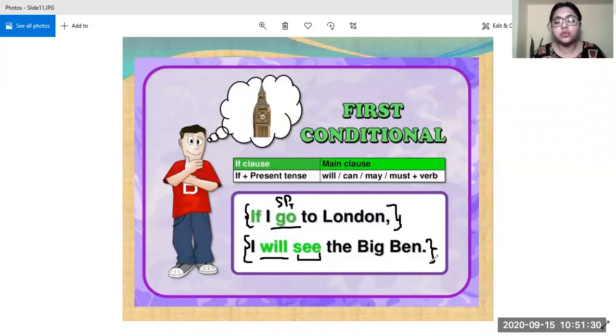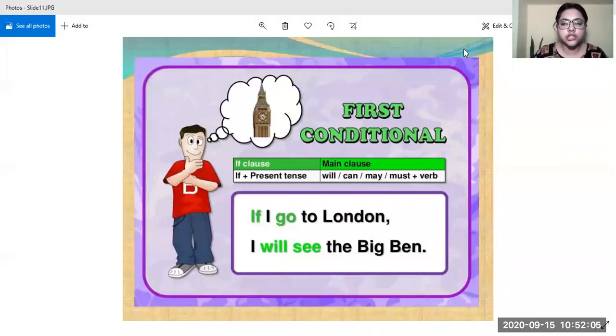So what are the two conditions which we should look for in a first conditional sentence? The if clause should be in the simple present, and then in the main clause we should have a modal, which is followed by a verb. This is also the difference between the zero conditional and the first conditional. The if clause remains the same for both of them, while the main clause has the difference.